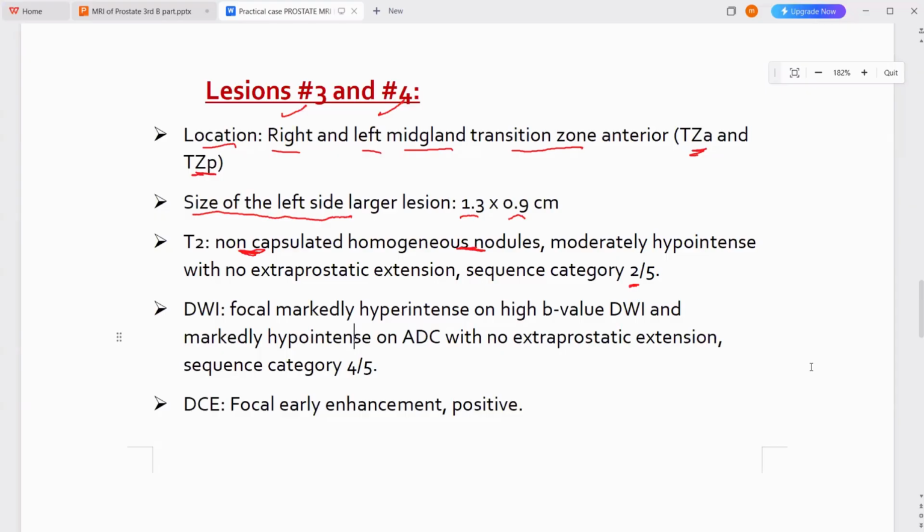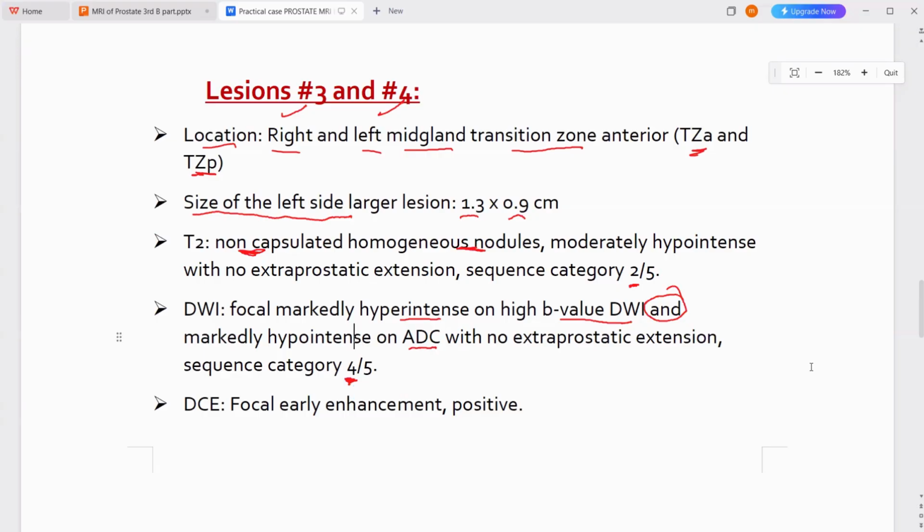On the diffusion weighted image, these nodules display markedly hyperintense signal on high b-value diffusion and markedly hypointense on ADC. So this one is category 4, because this lesion is less than 1.5 centimeter.